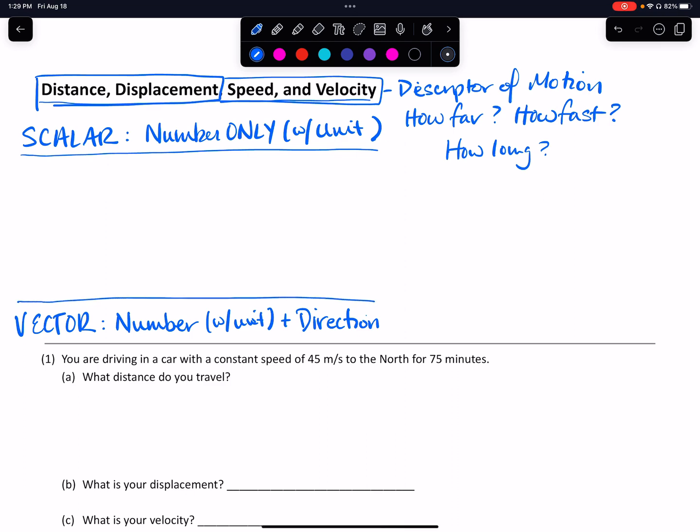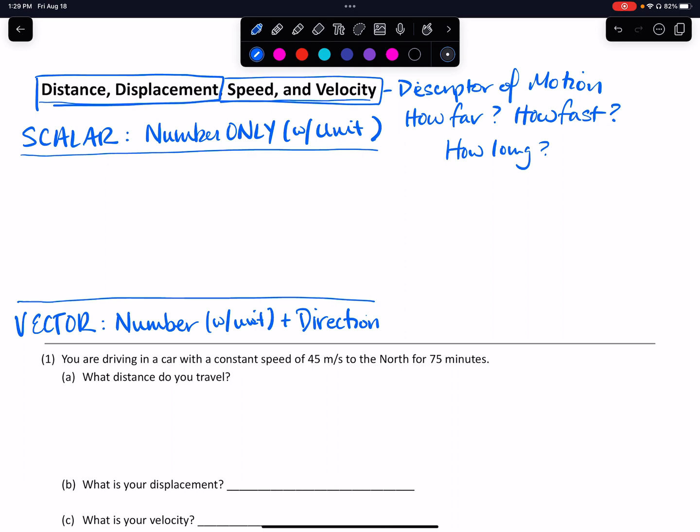We can use the cardinal points of a compass: north, south, east, west, northwest, southeast, etc. We could say forward or backwards, up or down, left or right. We also could use signs. Usually positive is forward and negative is backwards, or positive is up and negative is down, but we can choose what those signs mean. That's something you need to do with your class and with your teacher.